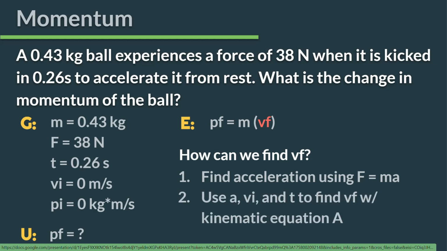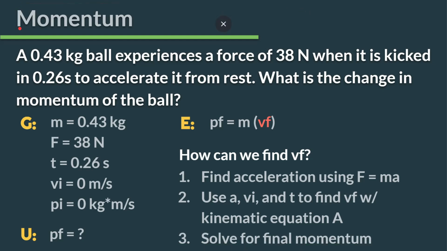And specifically, I'd use equation A, which is the one that says VF equals VI plus A times T. And so I can plug the A in there, and the time and the VI, and I can get VF. And once I get VF, then I can solve for final momentum. So there are a lot of steps to this problem. Okay, now I've got 3 steps instead of just 2. Technically 4 if you count the last one, which is change in momentum.